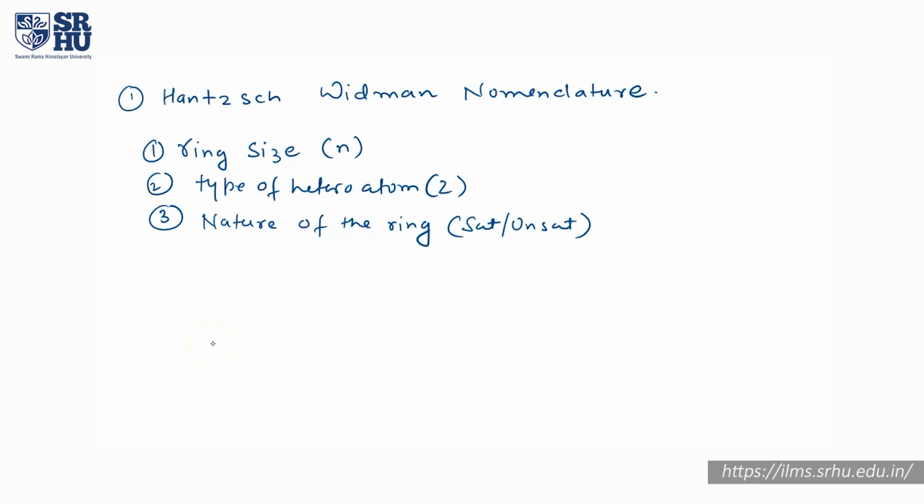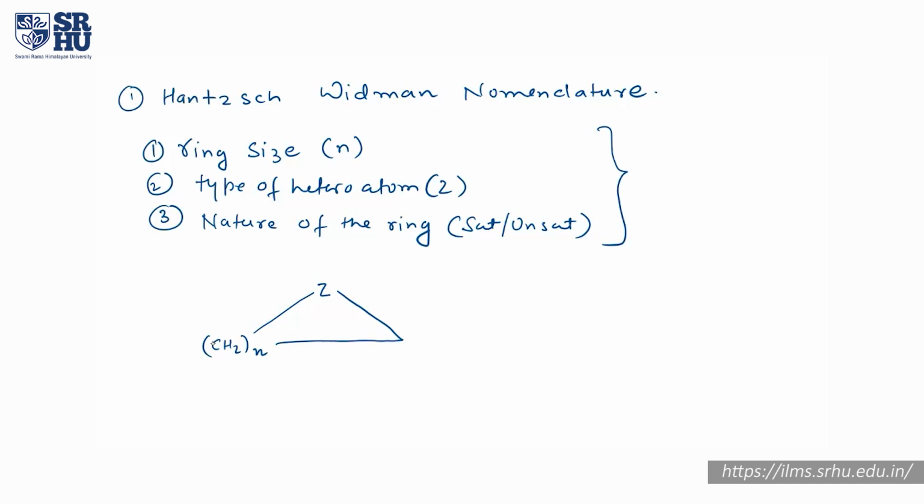Now see that we have a heterocyclic compound with n number of atoms in total, and this is the heteroatom connected here.